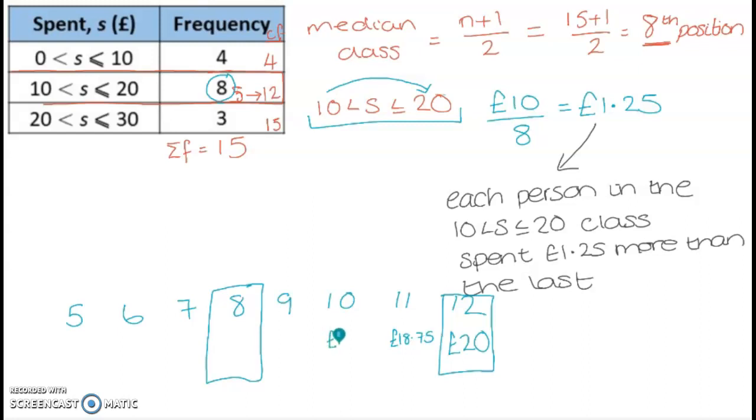They spent £17.50. Person 9 spent £1.25 less again, so they spent £16.25. And person 8, my median, spent £15. So my estimate for the median, which is what this question is asking for, is £15.